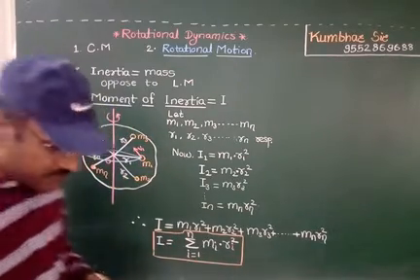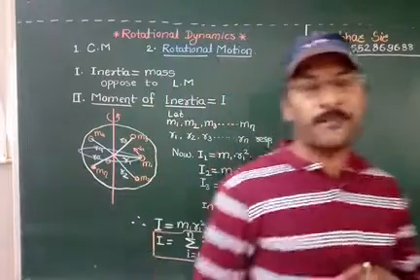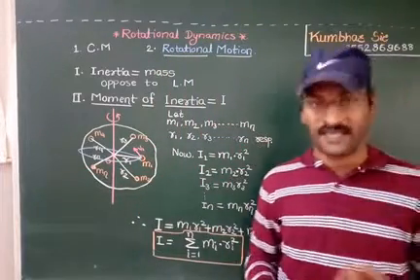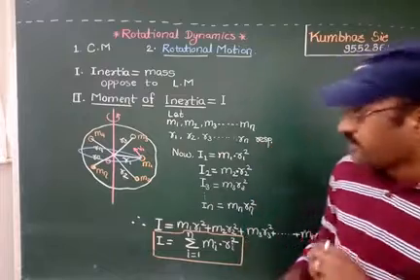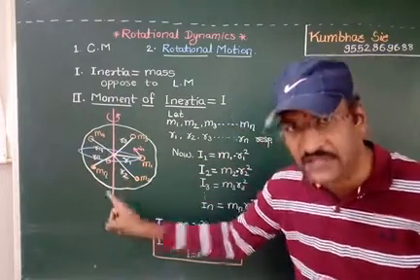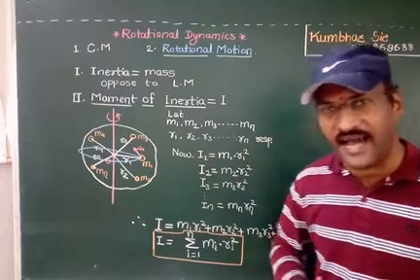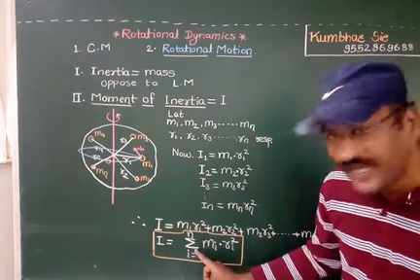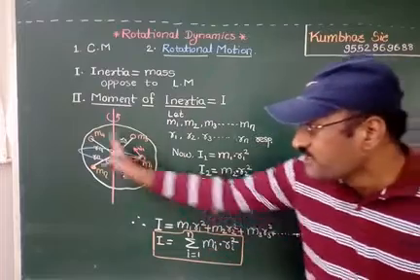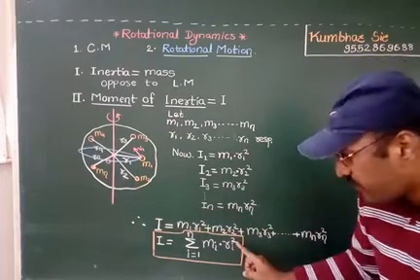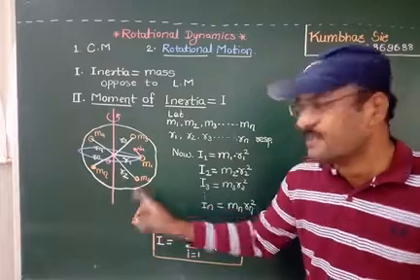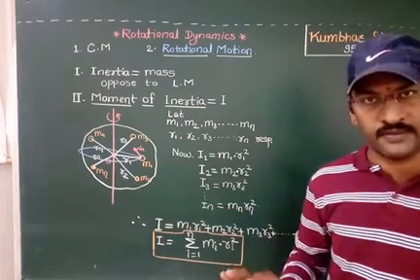Hence, I repeat the definition of the moment of inertia. What is the definition of the moment of inertia in the mathematical method? Moment of inertia of any body about any axis of rotation is defined as the algebraic sum of the product of masses of each particle and the square of the distance between the axis of rotation and the mass of the particle.